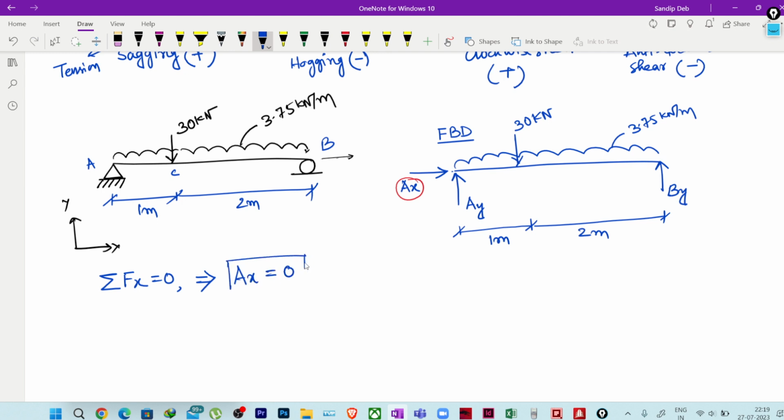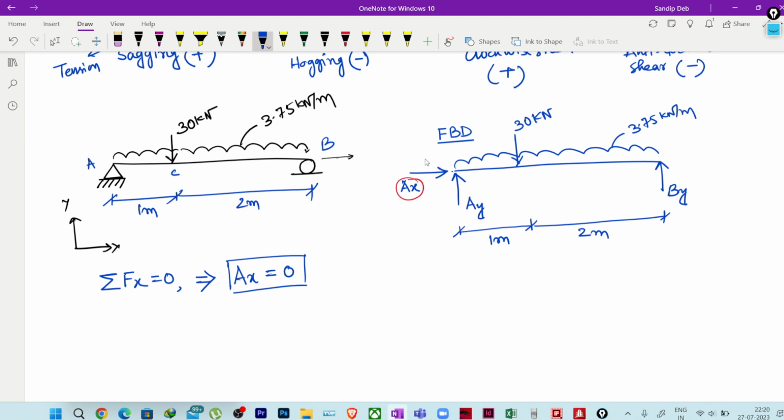We already got the value of Ax. There will be no horizontal reaction, as there is no horizontal force. If there is a horizontal force, then only you will get a horizontal reaction. So this is solved.